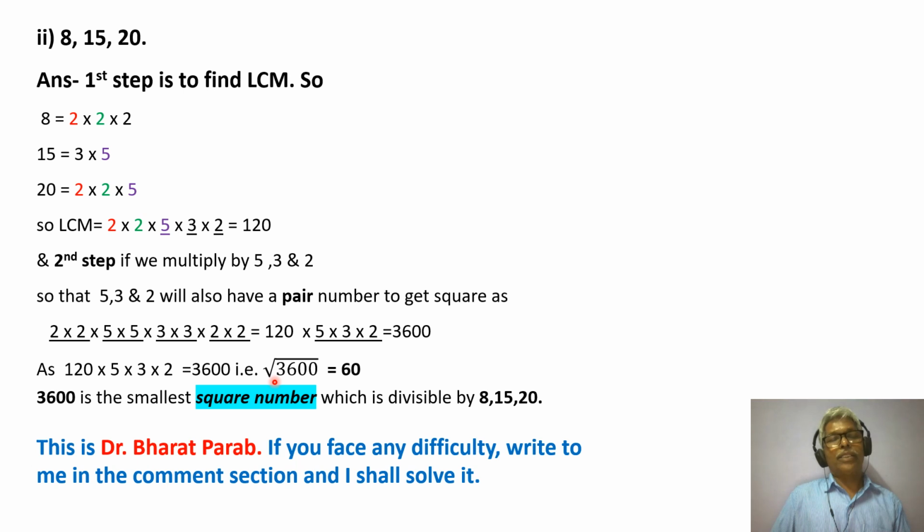Okay, and 3600 is the square of 60, or square root of 3600 is 60. So 3600 is a perfect square, and 3600 is divisible by 8, 15 and 20. Okay, so that is the answer.